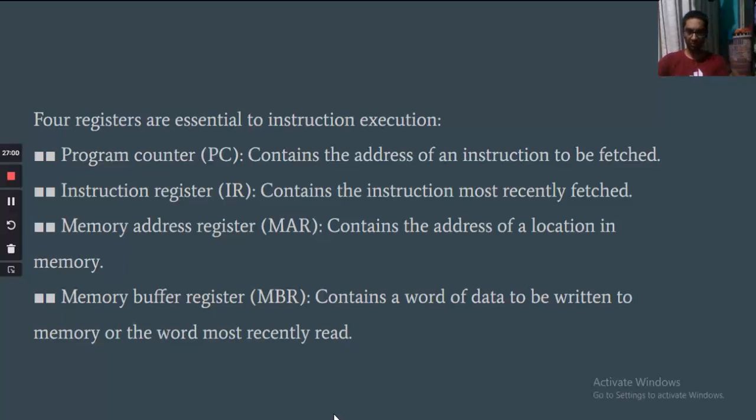Address of instruction to be fetched. Instruction register contains the instruction most recently fetched. Memory address register contains the address of a location in memory; memory buffer register contains the word most recently read.